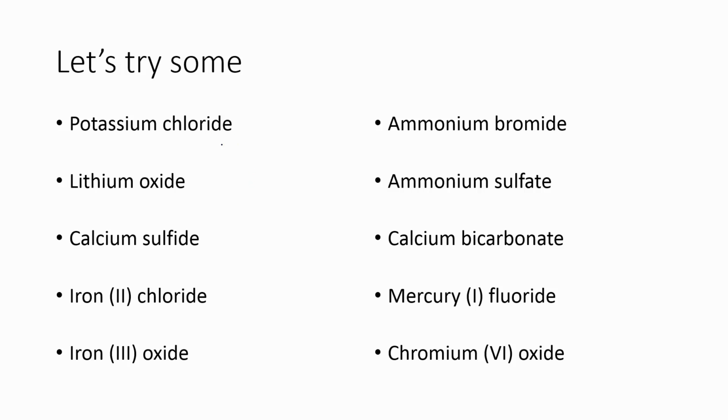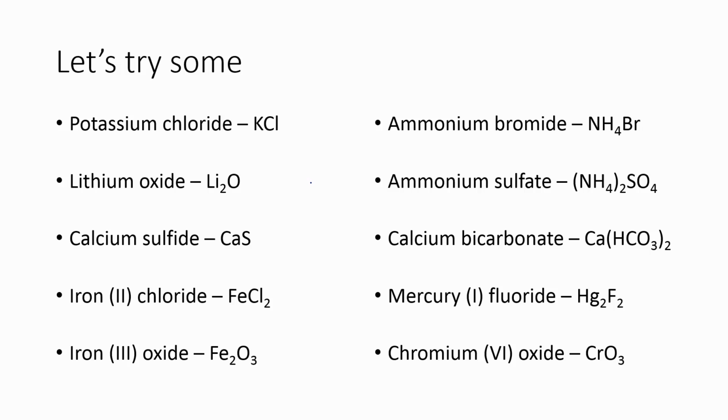Here are the names, give all of the formulas. And again, just like before, pause it. Okay, so let's look at the answers and see how many you got right. There you go. So double check these and make sure that you have all the answers correct. And if not, go back and see what you can do differently.